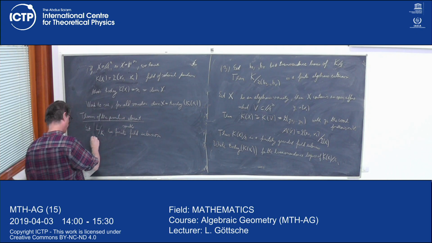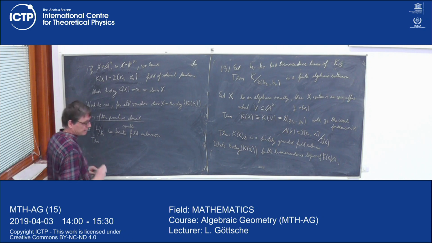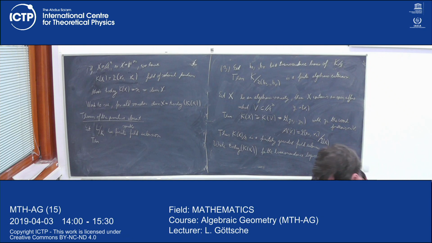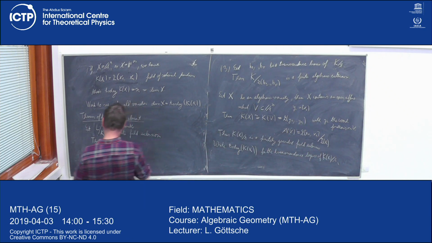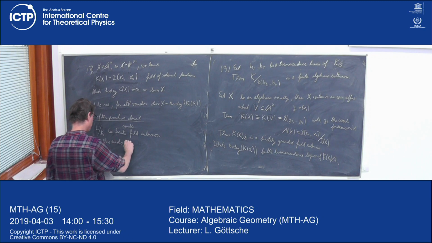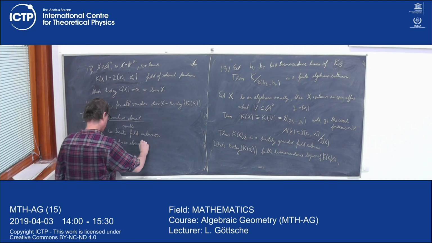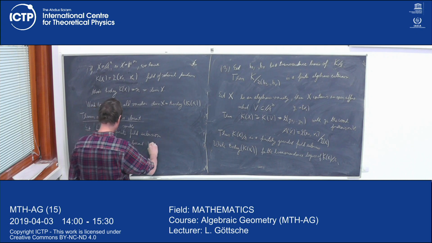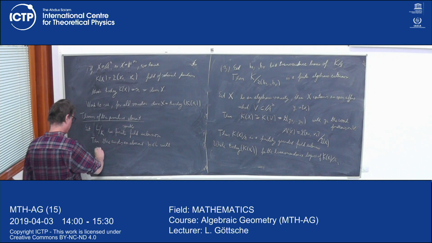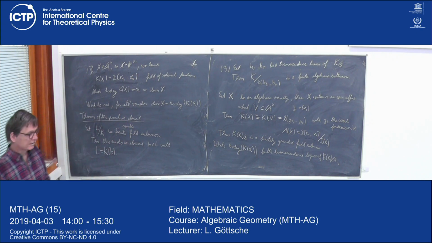Then there exists a primitive element, say b in L, such that L is equal to K, the field extension generated by b.